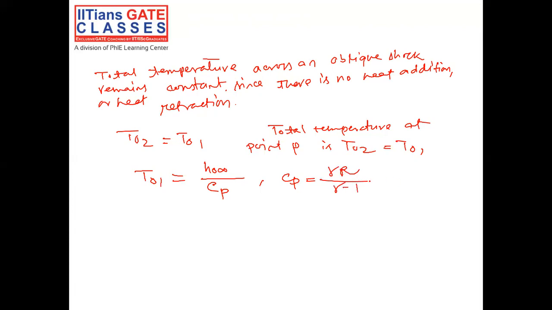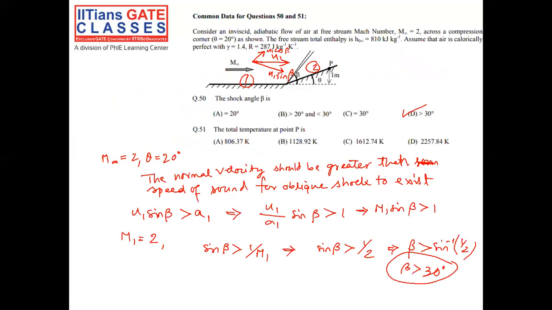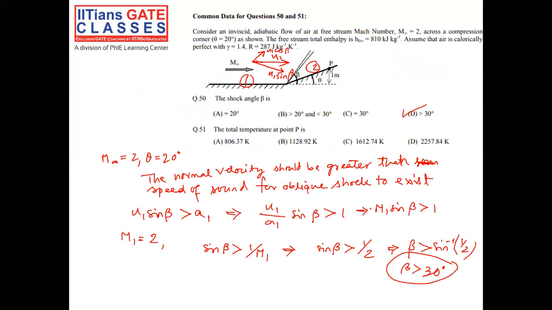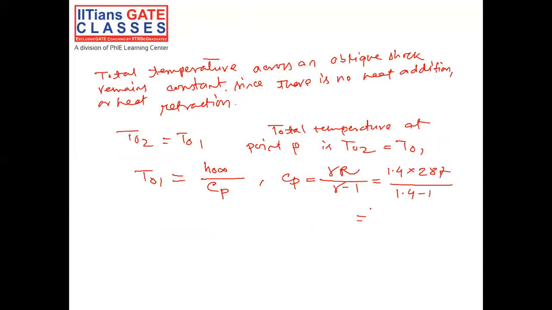Gamma and R values are given. So if we substitute gamma and R value, 1.4 and 287, this will come as 1004.5 joule per kg Kelvin. Right. Now this is the value of Cp.